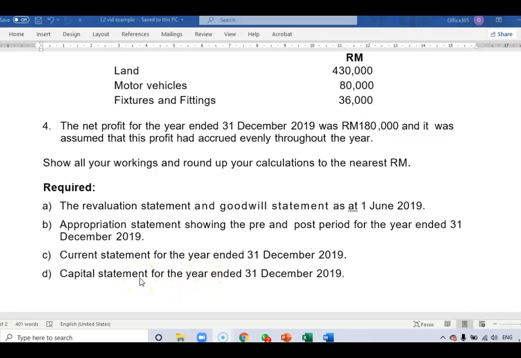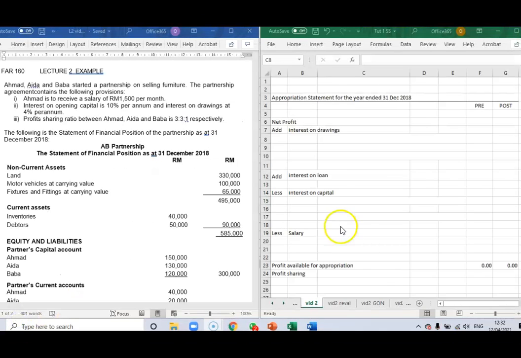Usually I will do the capital statement first and the current statement last. Now let's do the work.